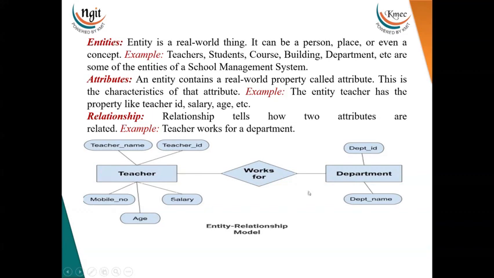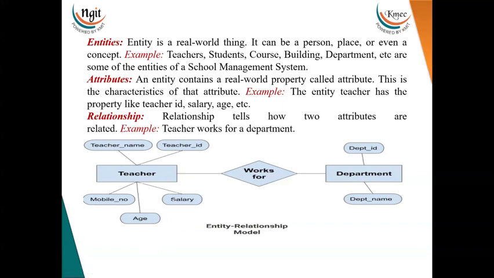These two entities are related or associated with each other with a relationship called works for. Now let us reframe the statement. Teacher entity works for the department entity. So teacher works for their department. There can be multiple teachers who all work for a single department, right?